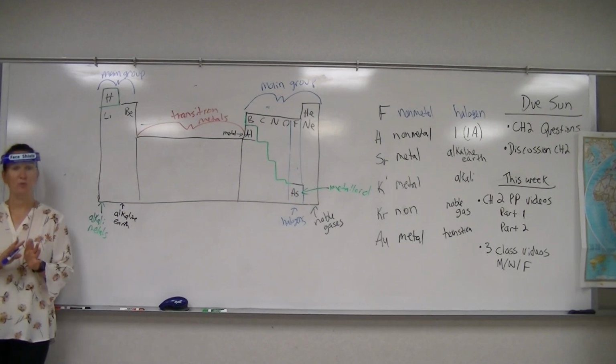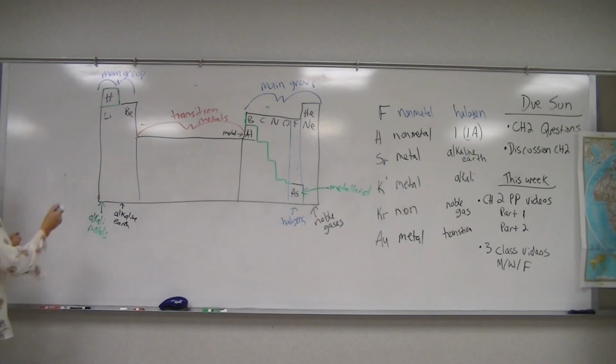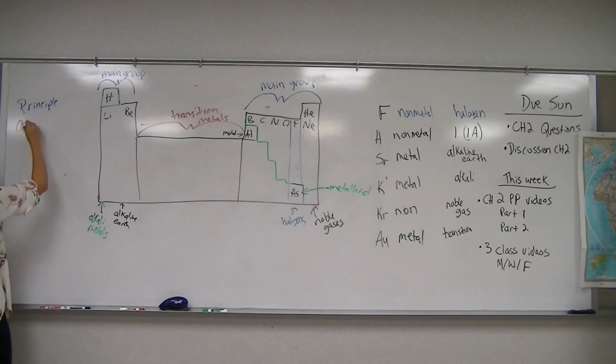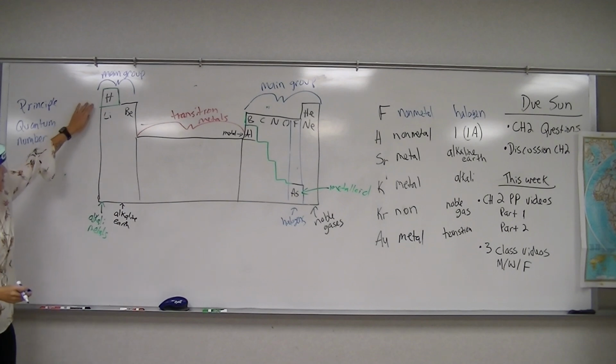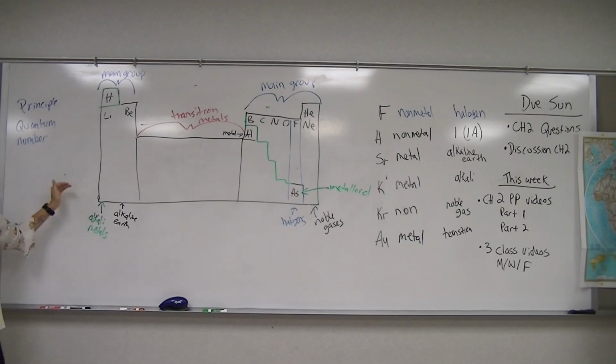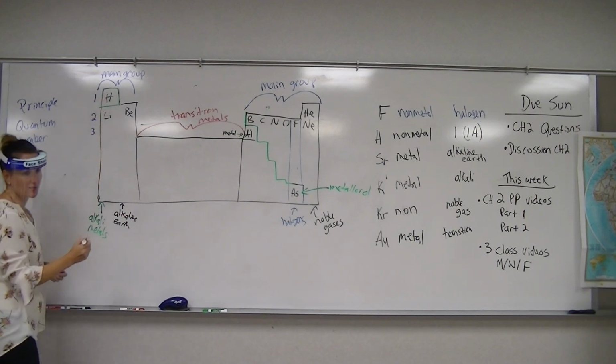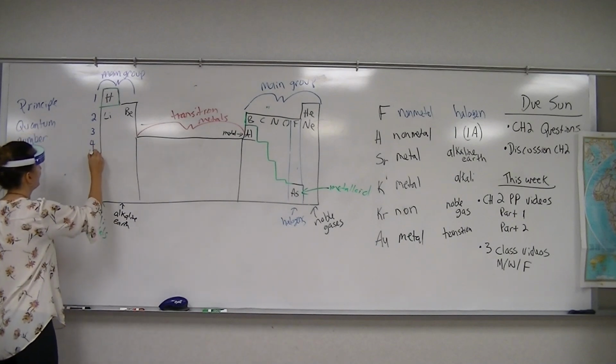So we're going to be talking about principal quantum numbers, all right? So the principal quantum number is just a big word for the numbers that you see on the side of the periodic table, for the rows. Okay, so if you're looking at your periodic table, you'll see there's numbers by each row. How many rows is there? 7, right?